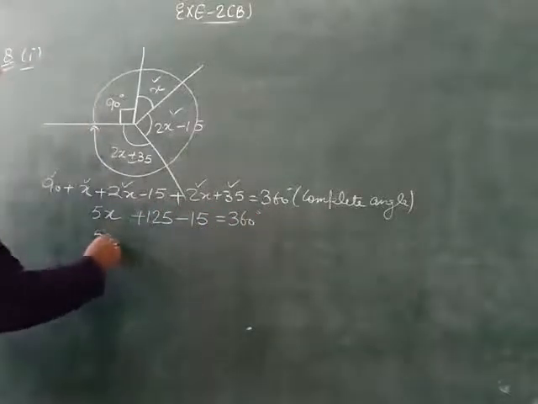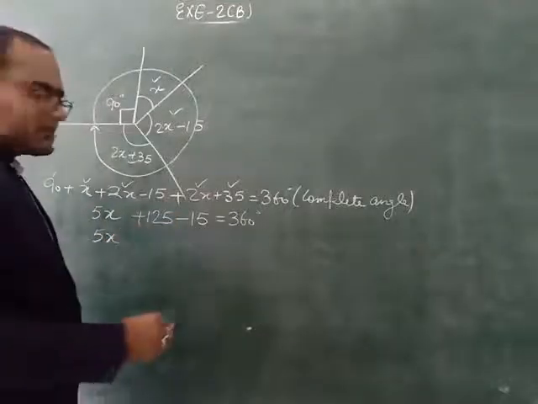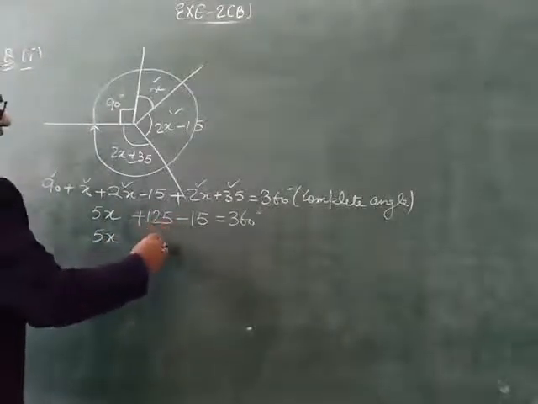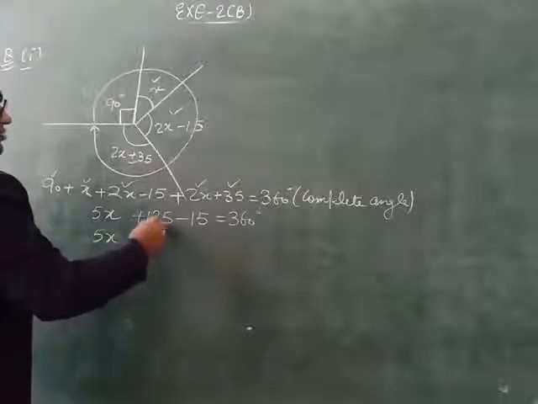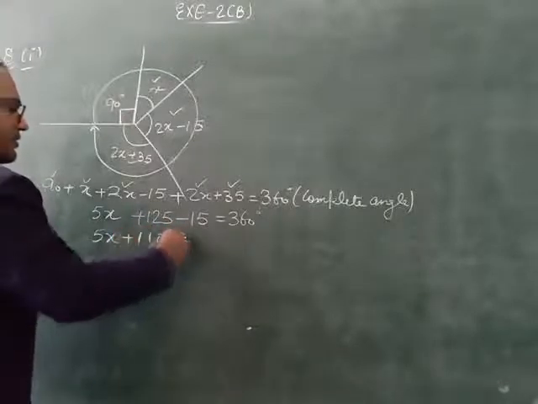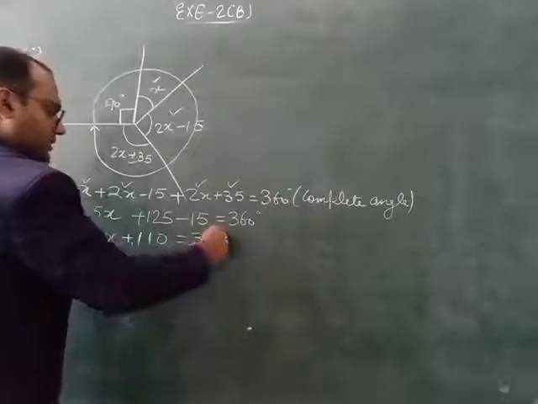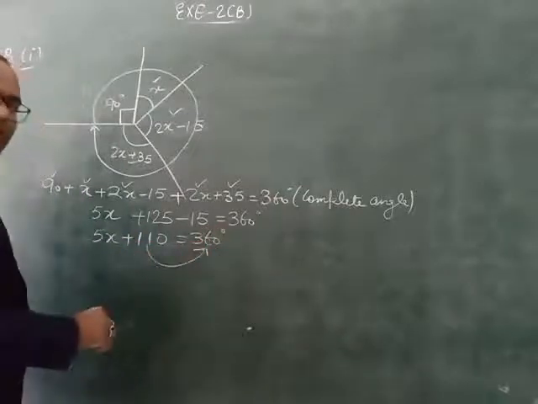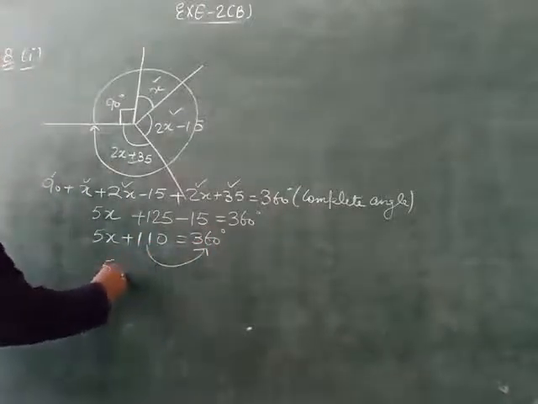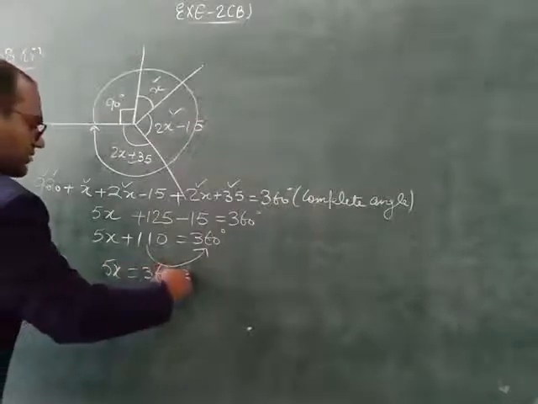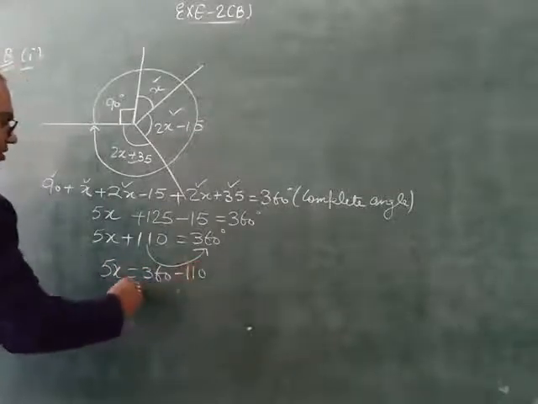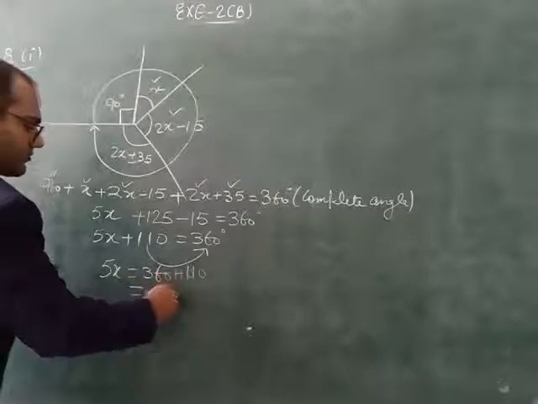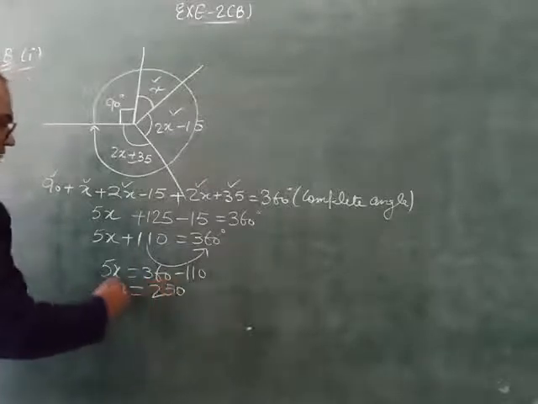Now 5x plus and minus is minus, so we will subtract them. On subtracting we will get 110. So 5x plus 110 is equal to 360. Now this 110 will come to right hand, so 5x is equal to 360 minus 110. On subtracting it we will get 250.